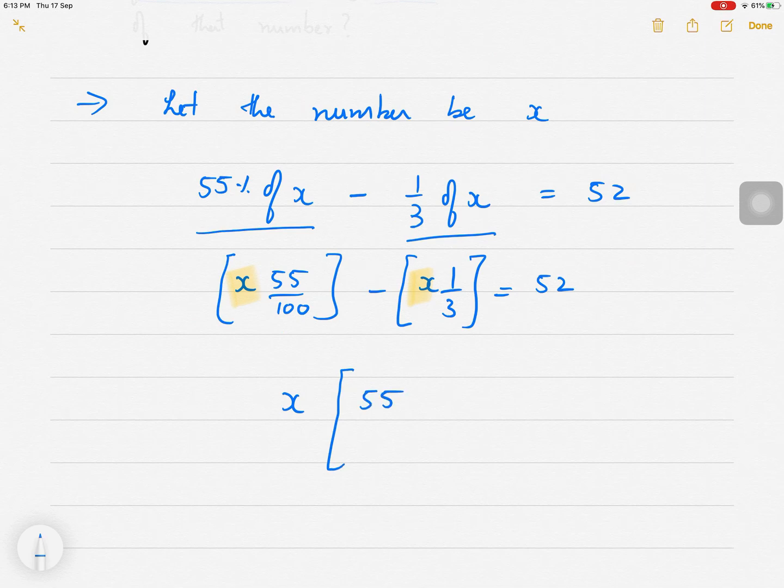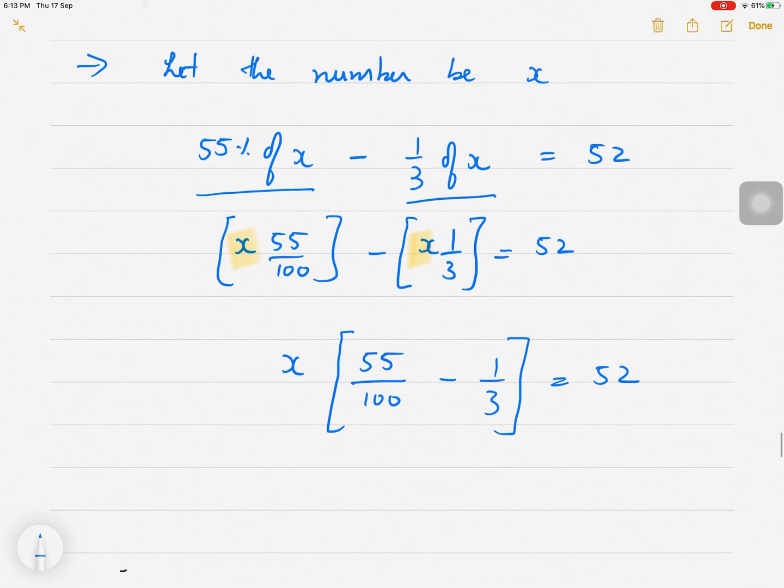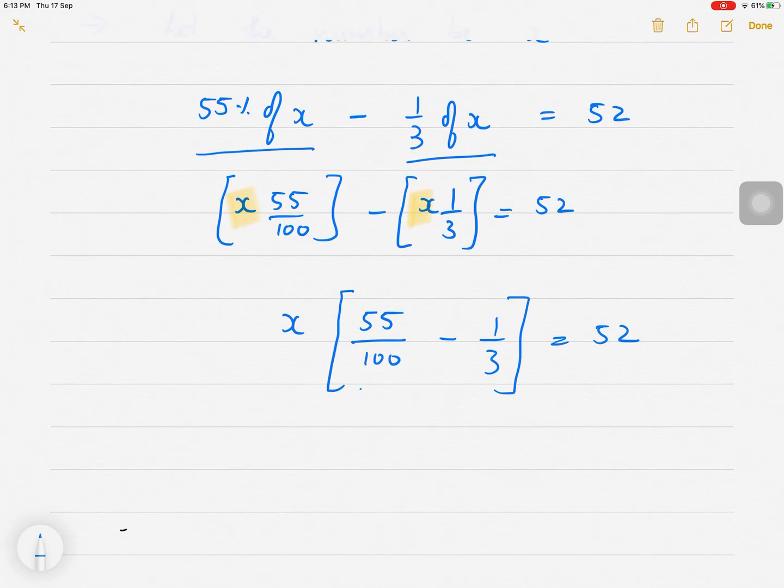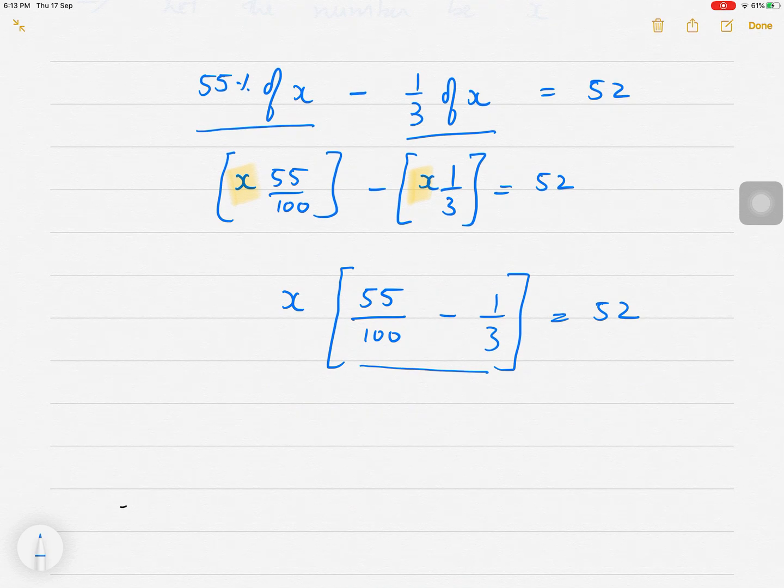Now what is remaining? 55 divided by 100 minus 1/3 is equal to 52. I will solve the bracket first. So let's solve the bracket. So x into 55 into 3 minus 100, right?